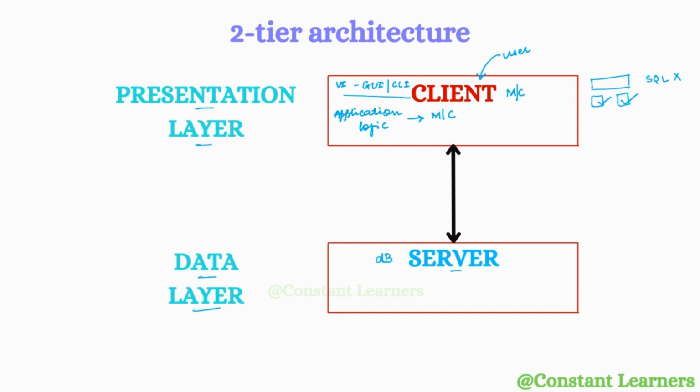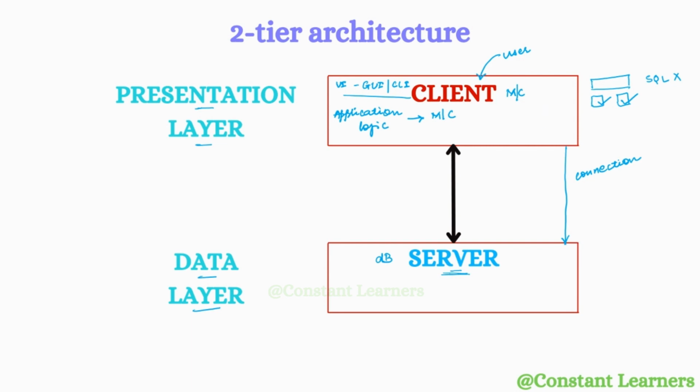This application logic could be present with the server also. This application logic converts the details that the client is entering into a language that the machine can understand. Now, once the query is ready, the client machine needs to establish a connection with the database server.